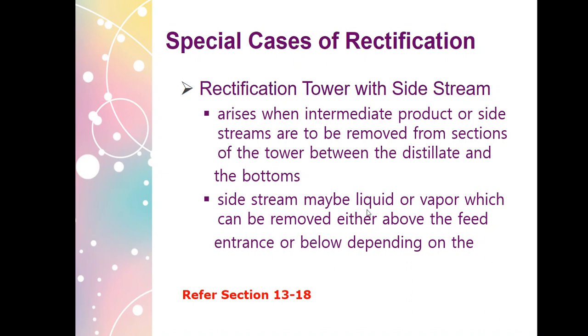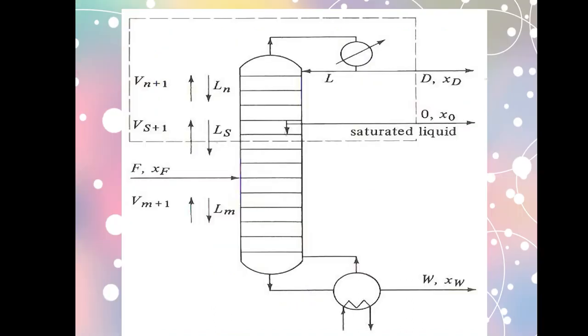A side stream may be liquid or vapor, which can be removed either above the feed entrance or below, depending on the composition desired. I have already mentioned that. You can read on this in section 13-18 of your handbook. And this is the case of a distilling column drawn simply wherein we have a stream O that is withdrawn in this section here.